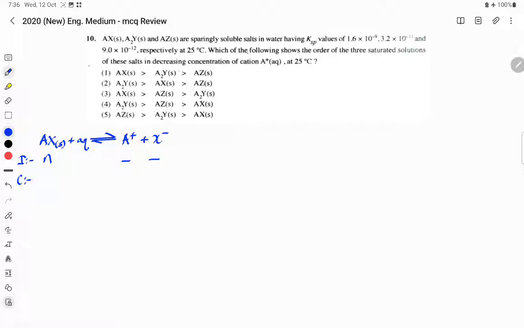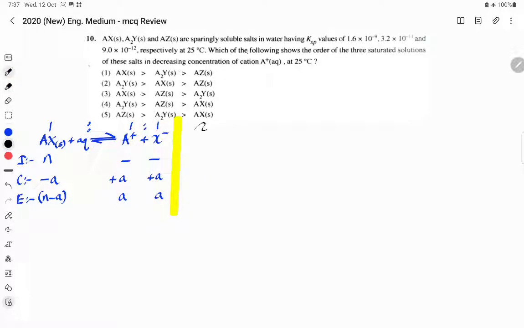The dissolved amount can be taken as, let's say, simply a. Now according to the stoichiometry, it's 1:1:1. The amount of A+ will be a, X- will also be a. So at equilibrium we have n minus a, a and a. Okay, let's go to the next compound.